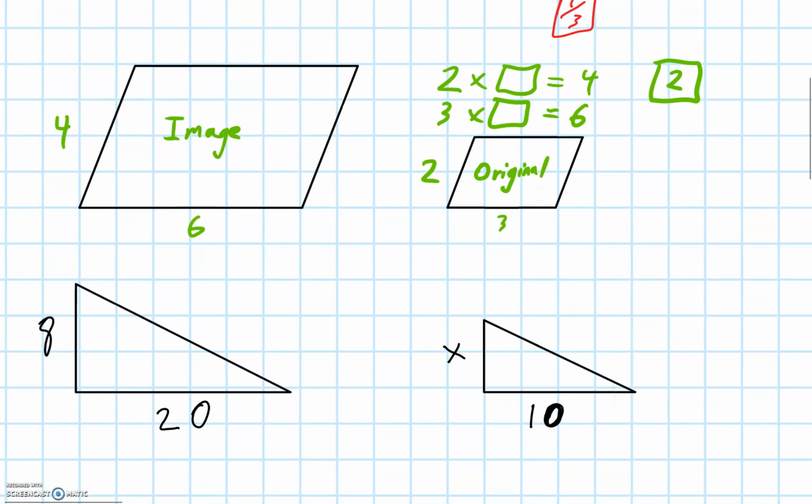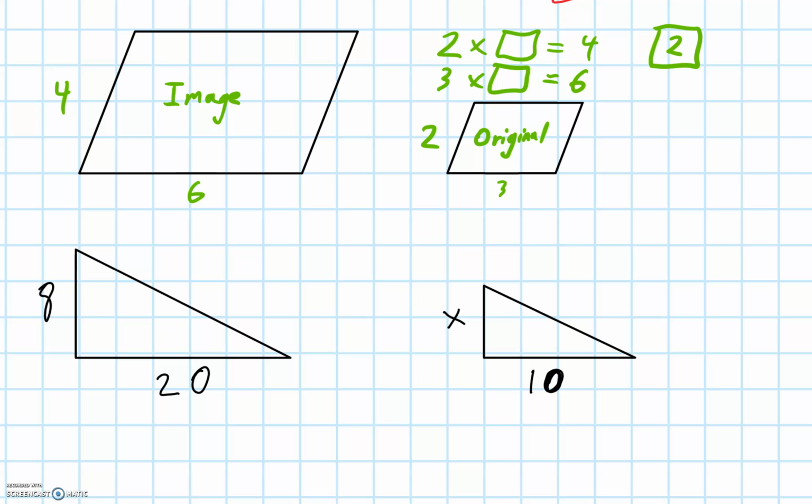All right, this is more like a question that you would be asked with a triangle. Here the triangles are not drawn to scale, so keep that in mind. But if they are similar, and the question would say that, they would say, assuming they are similar triangles, find x.